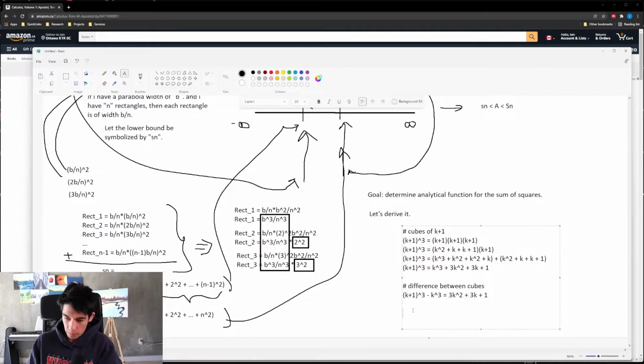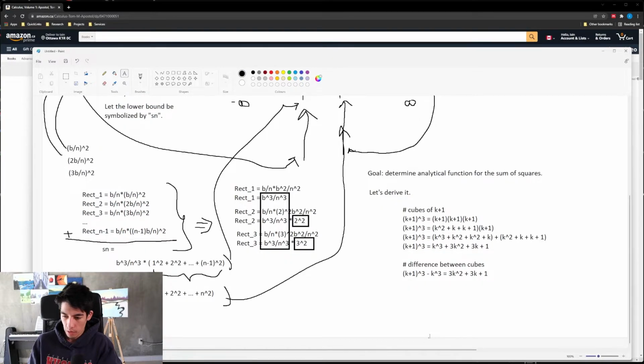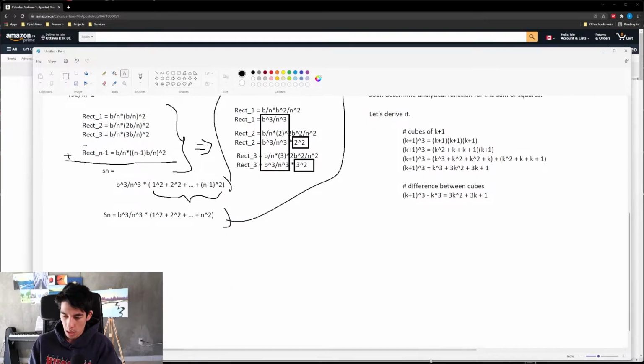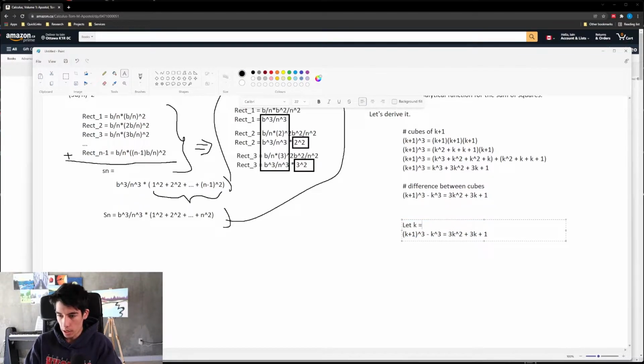And now what we're going to do is evaluate. I'm just going to expand our canvas here. But what we want to do is evaluate the difference of cubes at different values of k. So here's our formula. Let k equal 1.